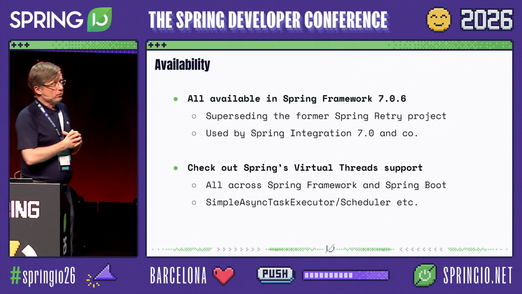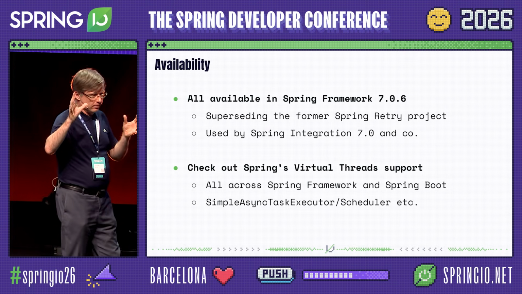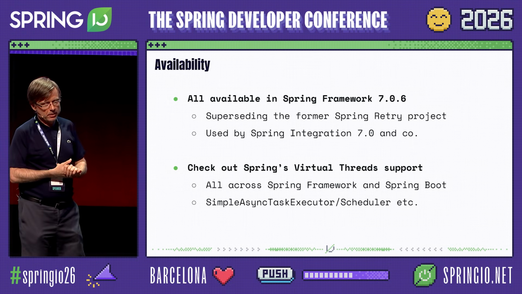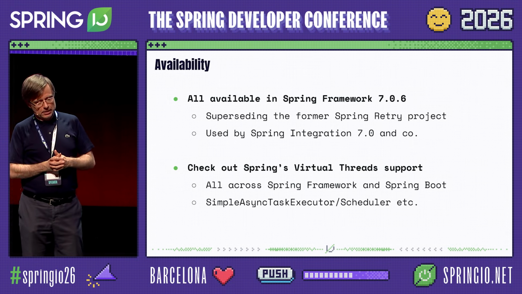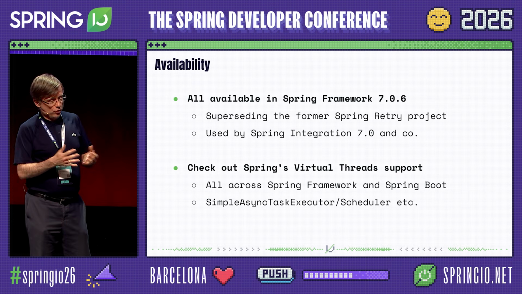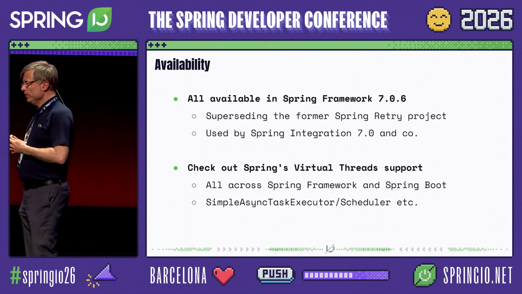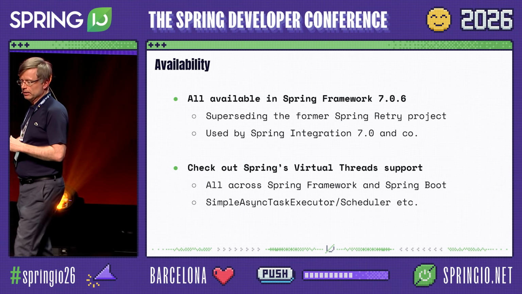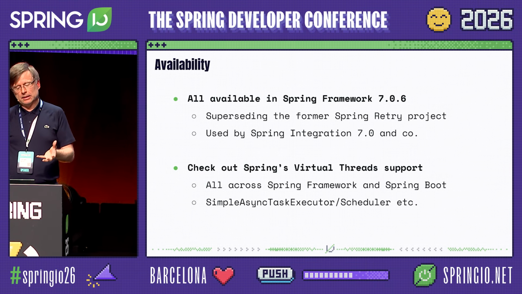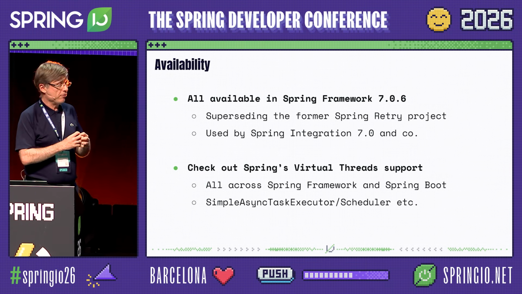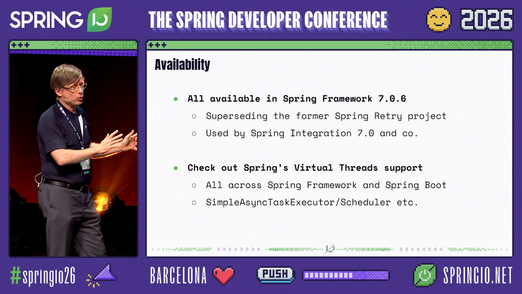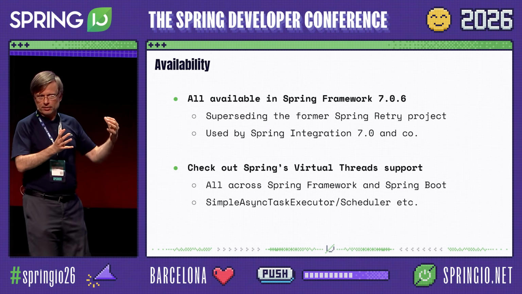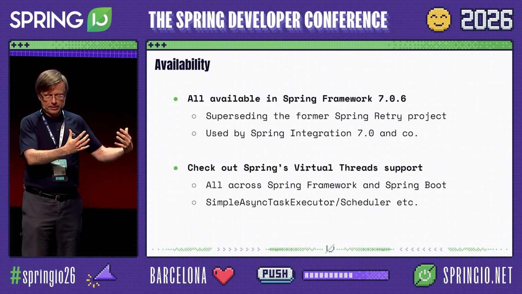Right, and the virtual thread support, sort of a related story, but obviously already a little bit longer coming and still continuing. Check it out, there's many things you can do. There's the virtual threads enabled true flag in Boot. There's many facilities at core Spring Framework level already since Spring Framework 6.1, being at least virtual threads oriented or virtual threads friendly, right?